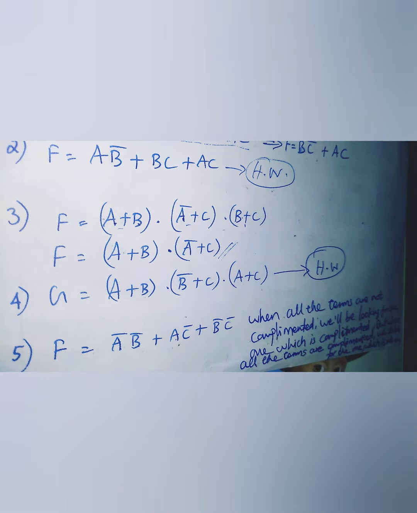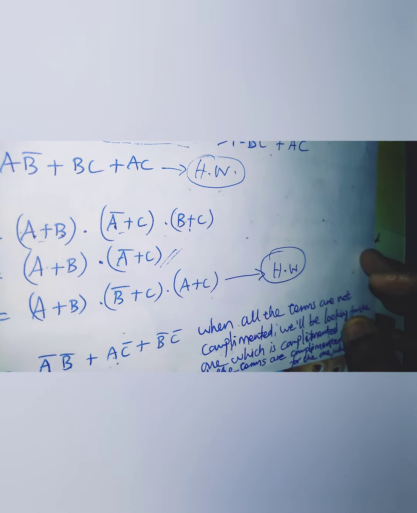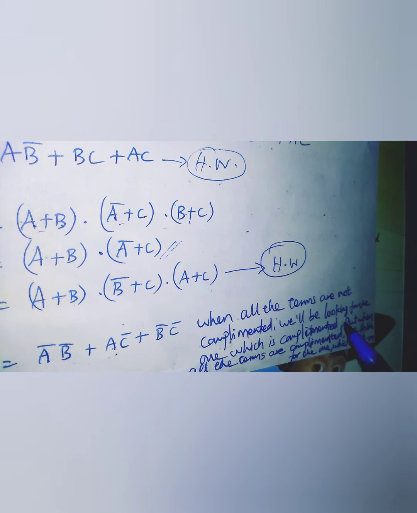Then finally take the complemented variable. In general, when all the terms are not complemented, we look for the one which is complemented. But when all the terms are complemented, we should look for the one which is not complemented.